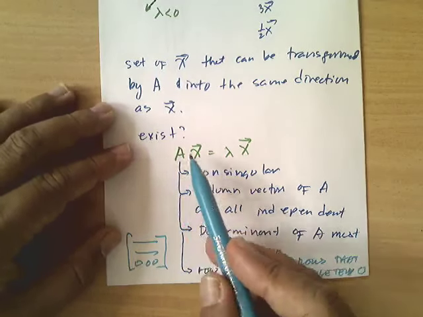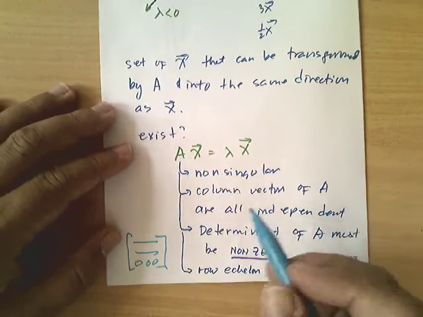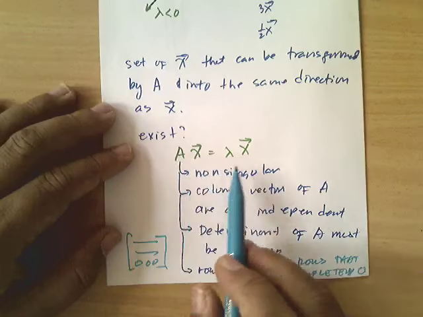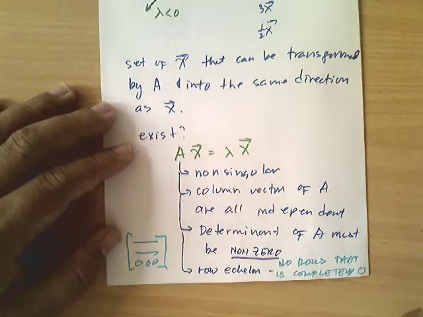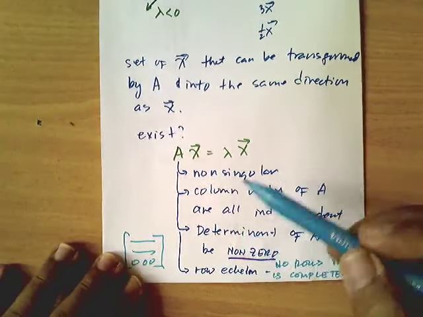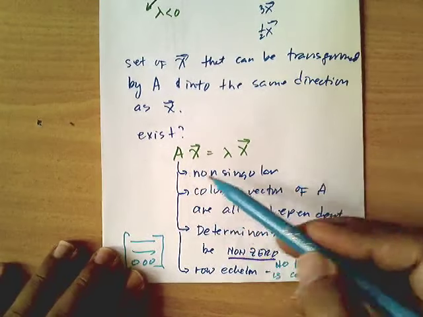And by the way, A should be a square matrix. It could be 2 by 2, 3 by 3, or 4 by 4. If A is not a square matrix, then there are no eigenvalues for that. So these are the conditions for the eigenvalues and eigenvectors to exist. A is non-singular.